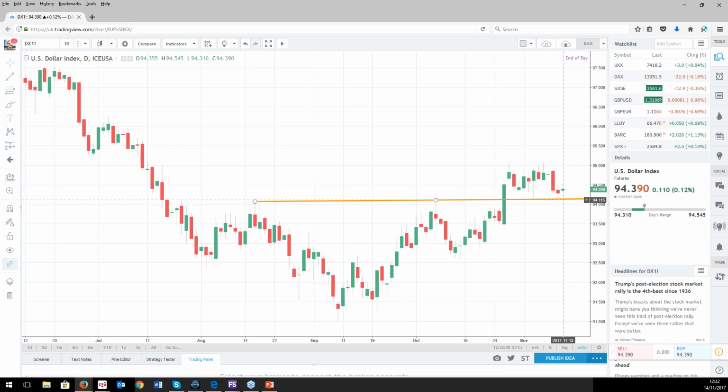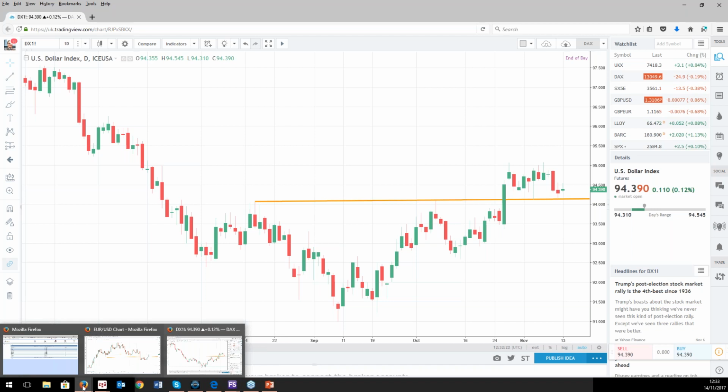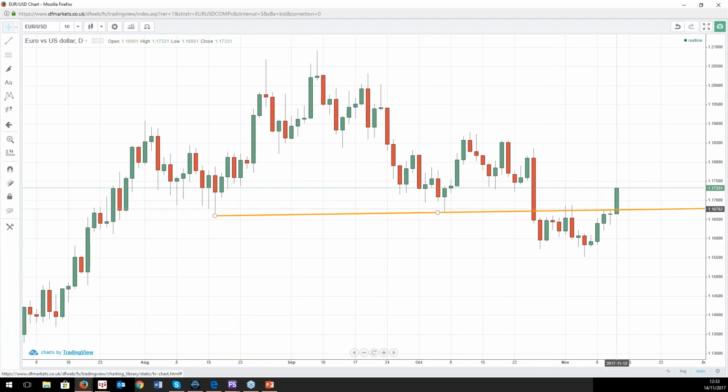And as far as putting fresh positions on right now, it would be prudent to wait, especially if we're putting on longer term positions, until we get some clarity on that. Because yes, this is still saying that the US dollar is bullish and is going to 97.20, whereas the euro US dollar chart is saying that the bearishness we've seen of late has been negated now.